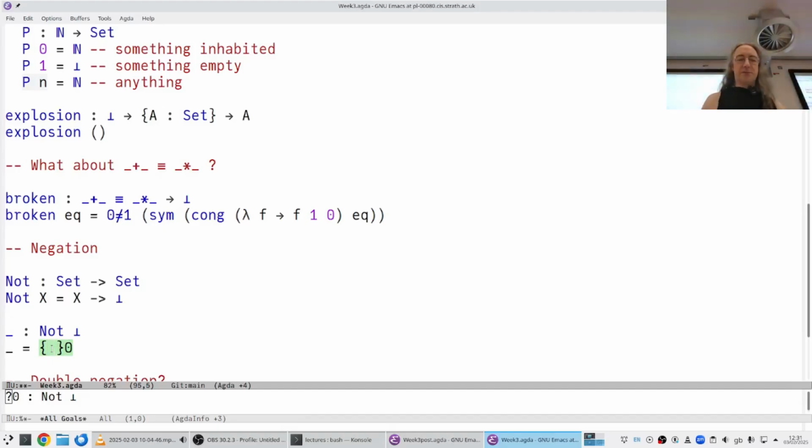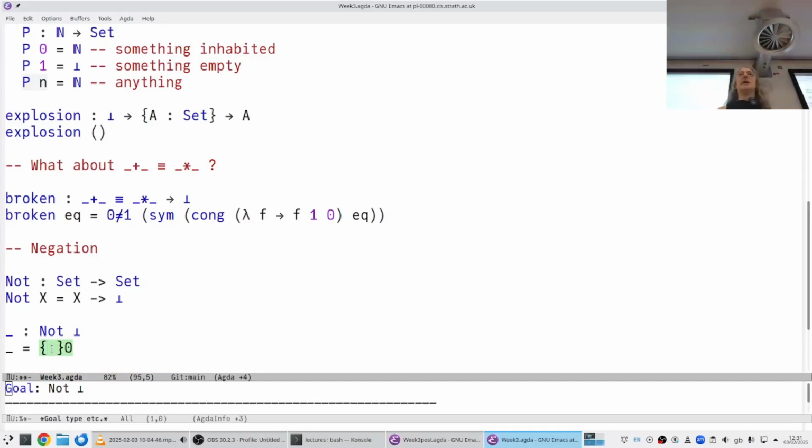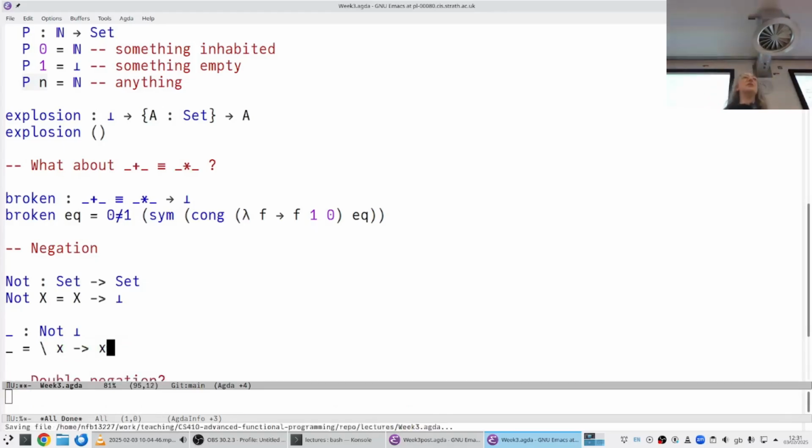I'm trying to prove not false, and that's a function from the empty type to the empty type, and fortunately I know such a function. The identity function will do just fine for that job. Whatever input, it might take a while to turn up, but never mind. If it did turn up, we would just hand it straight back as the output, and that's kind of nice.